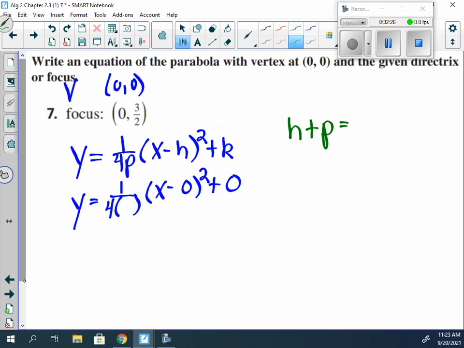Now the y value of the focus is given to us by k plus p. So k plus p is equal to what? Well, k is 0, so 0 plus p is equal to 3/2. So p is equal to 3/2.